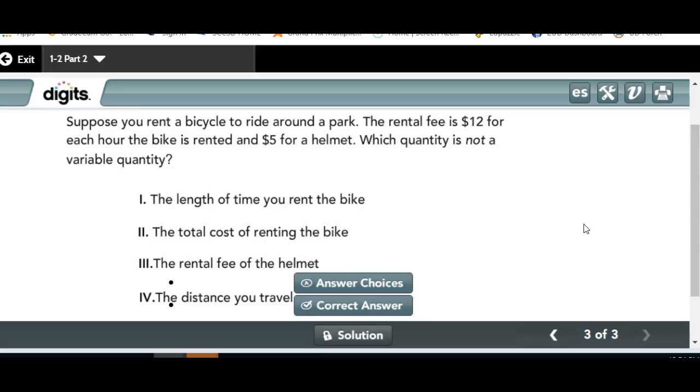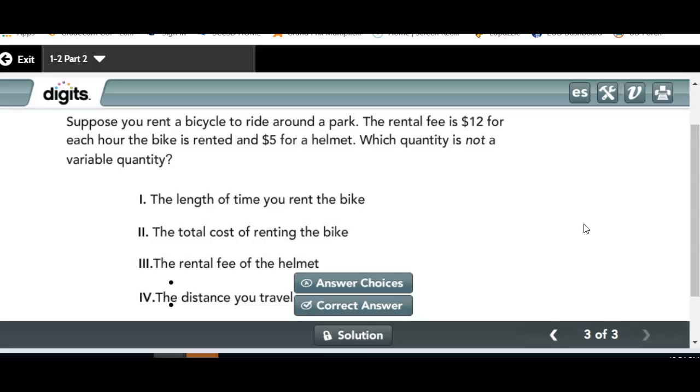Good. I could rent it for 1 hour. How much would it cost if I rent this bike for 1 hour? Quinn. Oh, that would be very unsafe of you. $17. Always wear a helmet. Safety first. Okay? $17. What if you rent it for 2 hours? How much does it cost then?